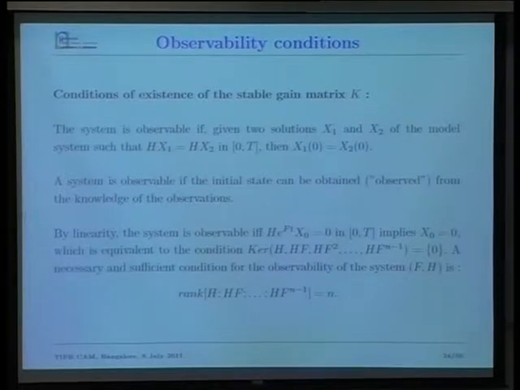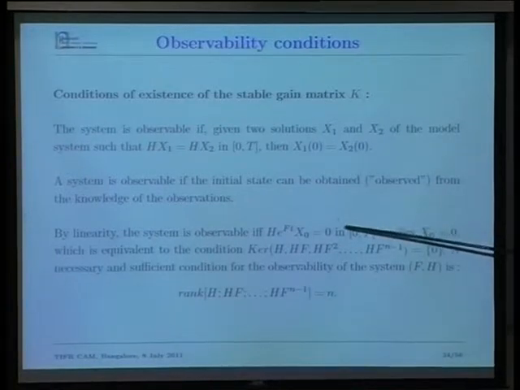Okay? So the observability condition is simply that if you see the same thing for two solutions, then they are equal. You don't miss anything. Or simply the system is observable if the initial state and then all the solution can be obtained from only the observations. So by linearity, H and F are linear.